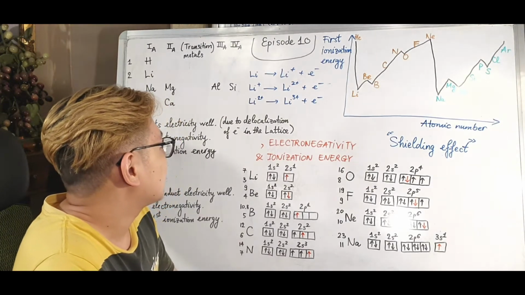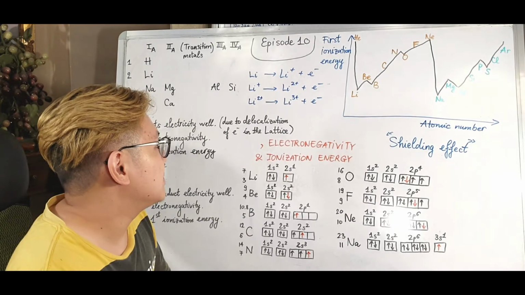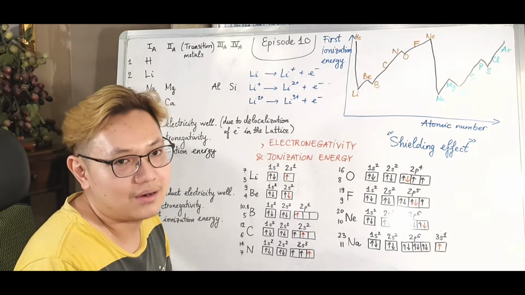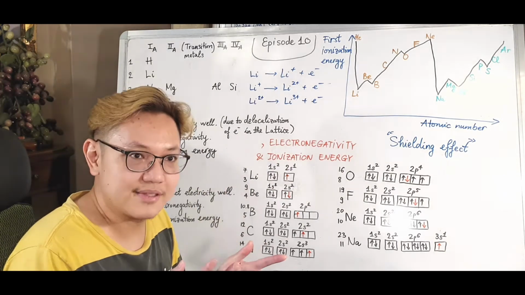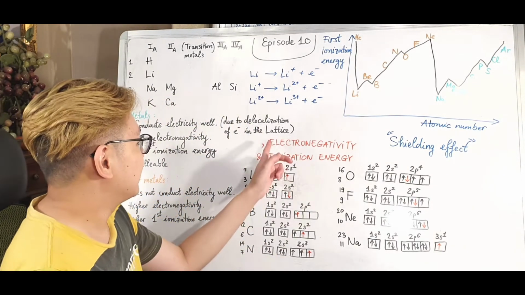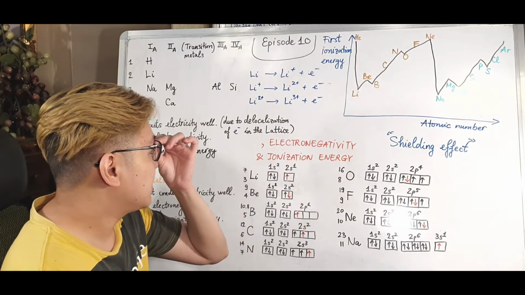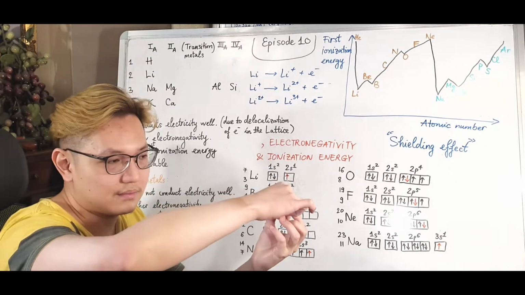I'll go back to ionization energy later, but now let's deal with an easier concept, electronegativity. Easier doesn't mean it's less important, okay? It's still important. Electronegativity is the ability of an atom to attract electrons into it.